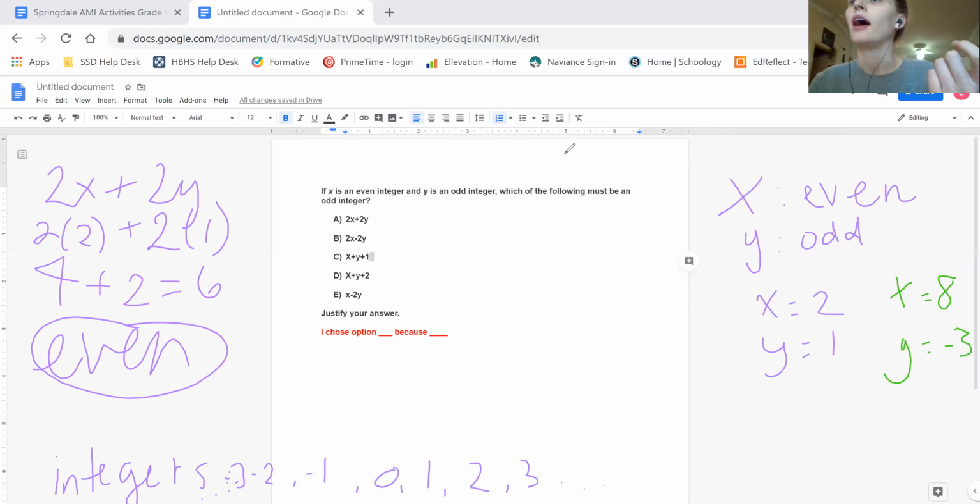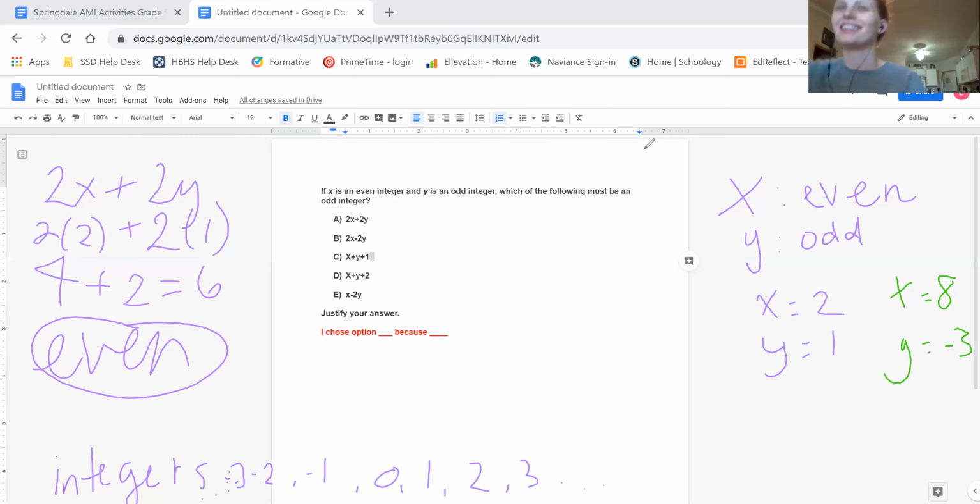I'm going to show you that this works with any even and odd number that you choose. And again, I'm only doing option A for us. You have to do B, C, D, and E and tell us which one is going to be odd. So I've got x is 8 and y is -3.